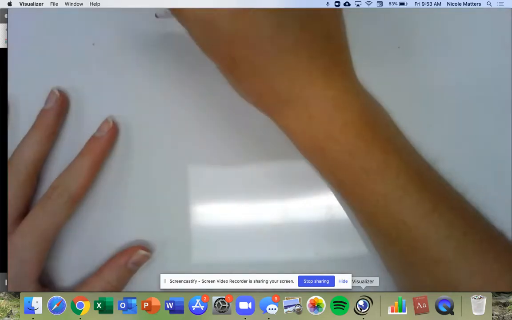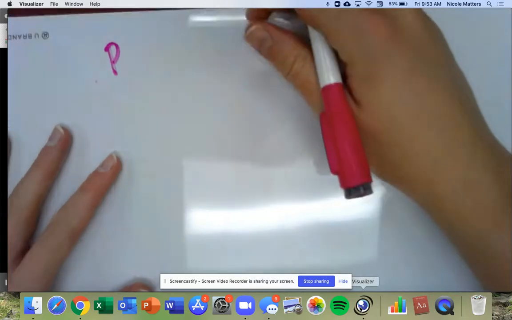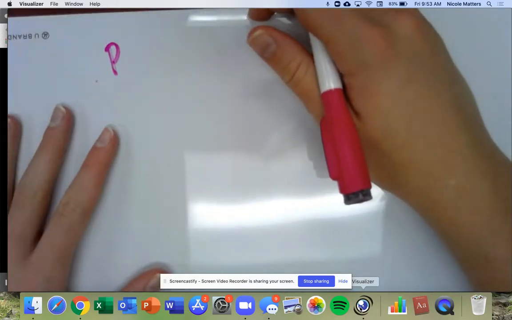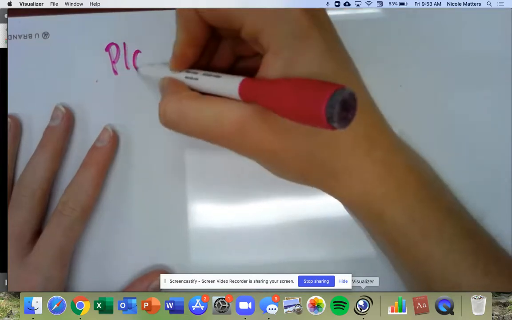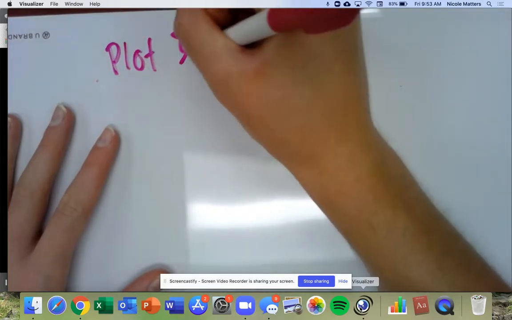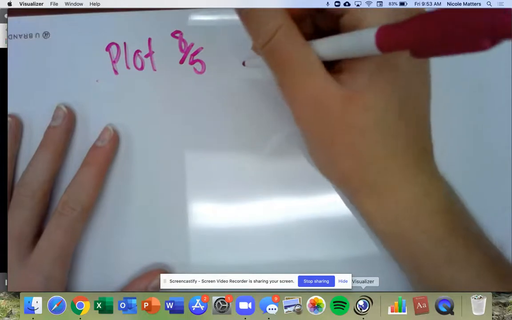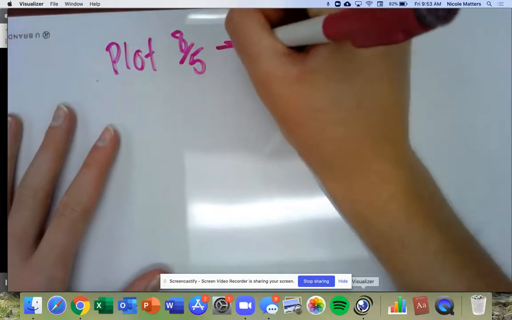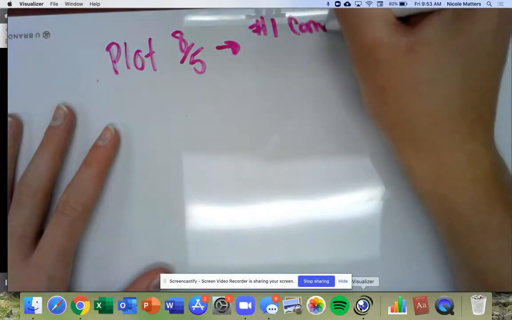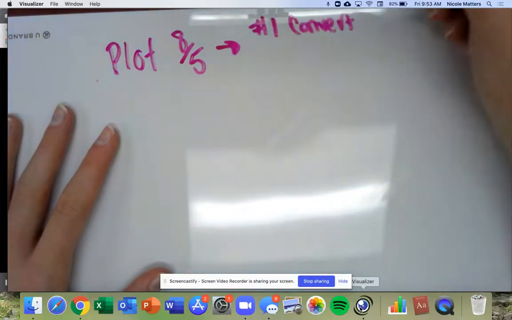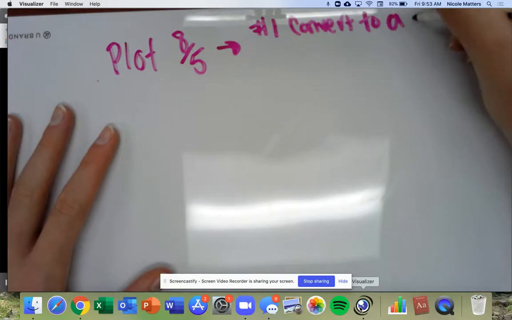I know that to plot eight-fifths, first, step number 1 is to convert, which we did, to a mixed number.